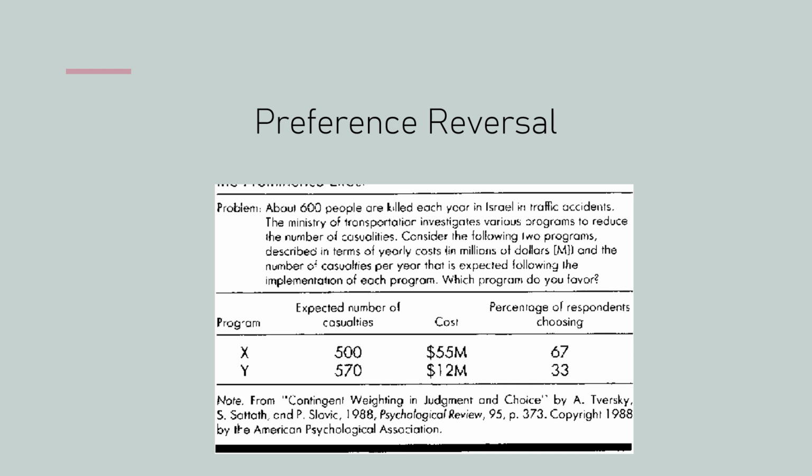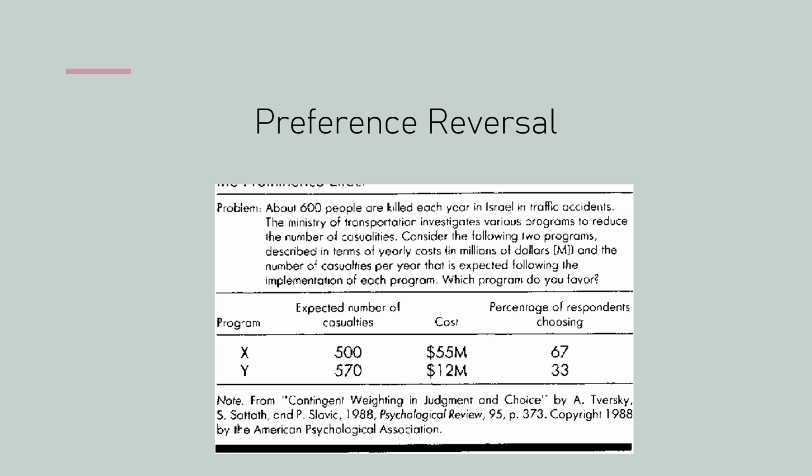And most people go for program X. So most people say the program with 500 casualties at the cost of 55 million is worth more than a program that costs 12 million and only gets the number of casualties down to a bit under 600, 570. So in scenario B, they are not told the price of X.